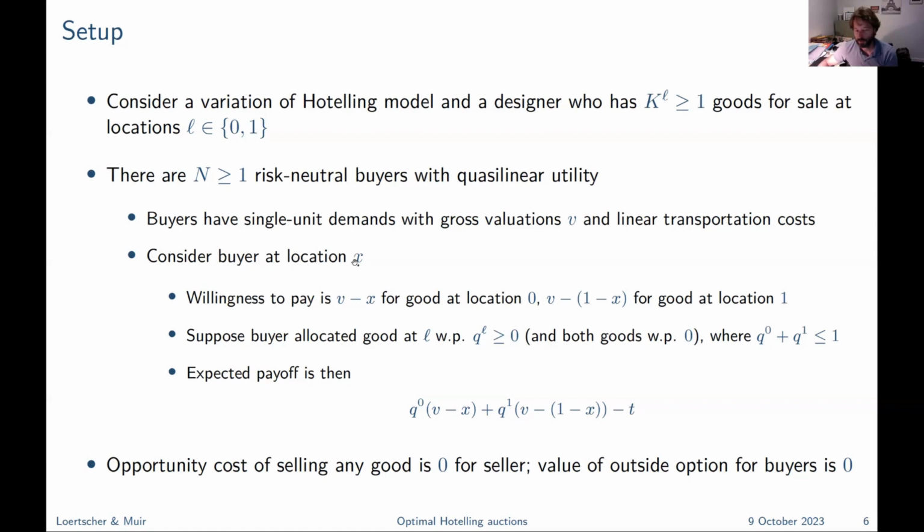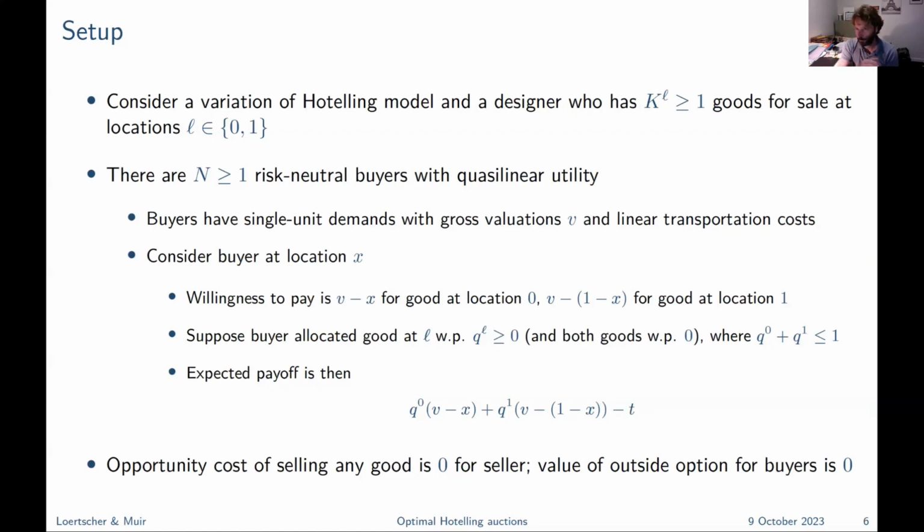If your location is X, somewhere between 0 and 1, your gross utility or your willingness to pay for the left good is V minus X, and your willingness to pay for the right good is V minus (1 minus X). And so if the buyer is allocated good L with probability little q_L, and q0 plus q1 is not bigger than 1, then the expected payoff of that buyer is q0 times (V minus X) plus q1 times (V minus (1 minus X)) minus T, where T is the transfer.